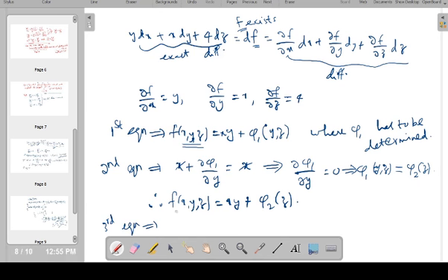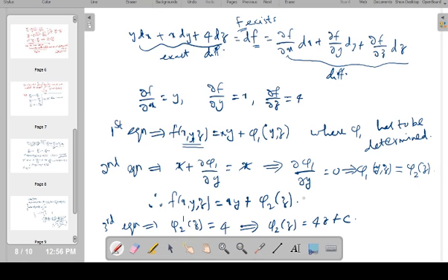But what is dou f by dou z? It is phi2 dash z. Here the partial derivative with respect to z becomes the ordinary derivative of phi2. That is equal to 4 from the third equation. This implies phi2 of z is equal to 4z plus some constant c. Okay.